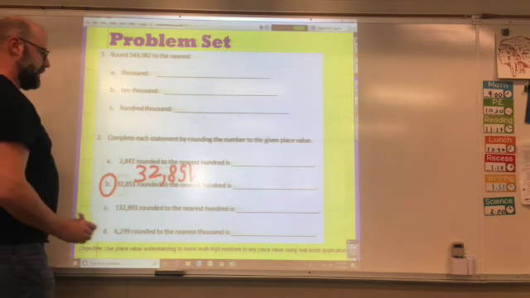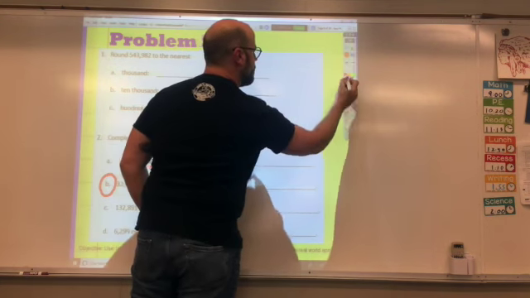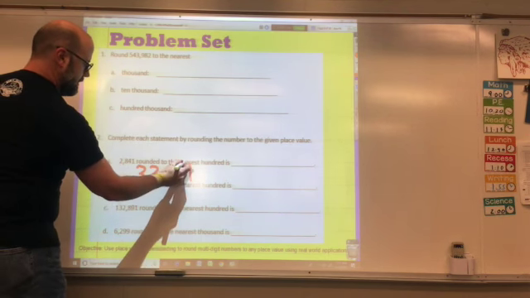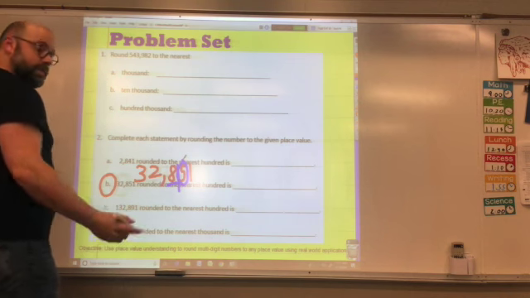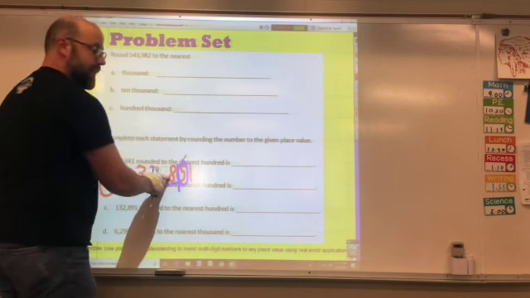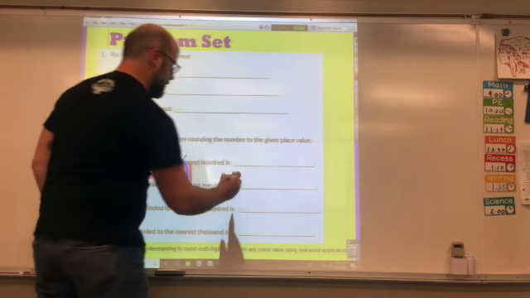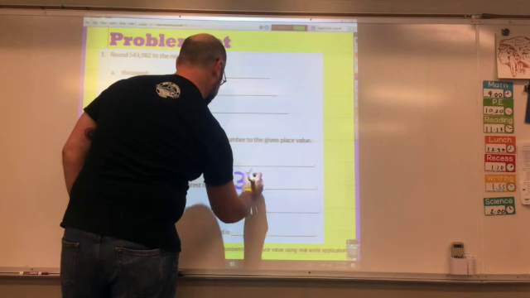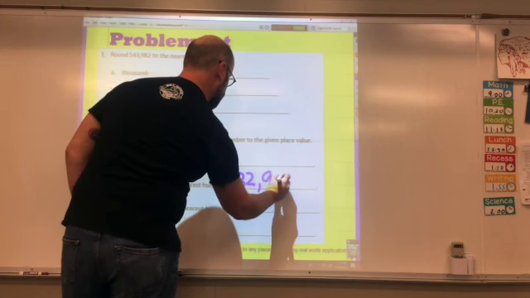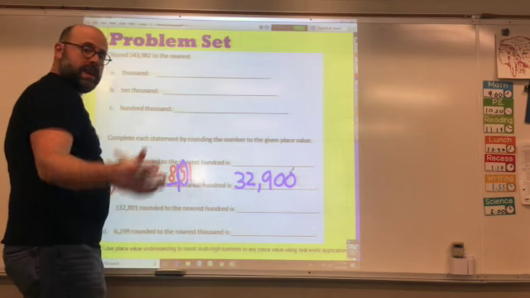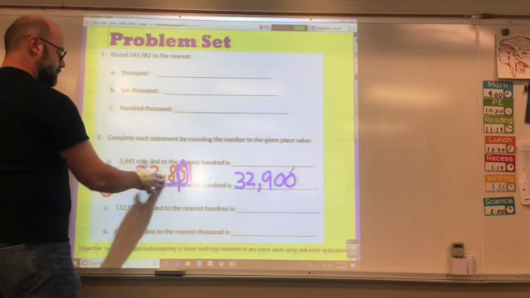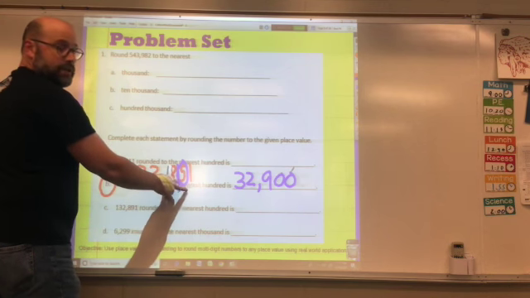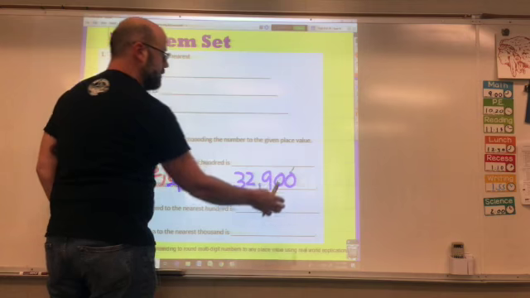In our 100th spot, we have 8. Next to that 8 is a 5. 5 or more raises the score, so we are raising the number on that 8 up to 9, right? And that would make it 32,900. Because remember, every number to the left of the place value that you're rounding stays the same. Every number to the right of the place value you're rounding becomes a 0.